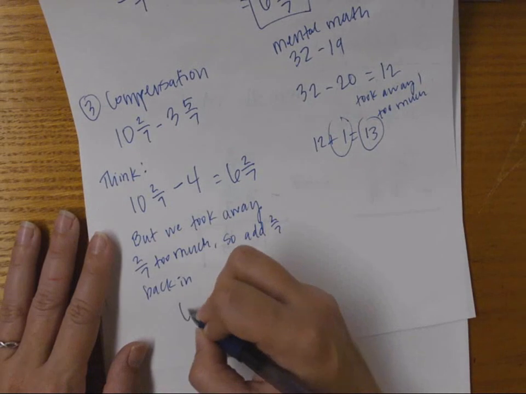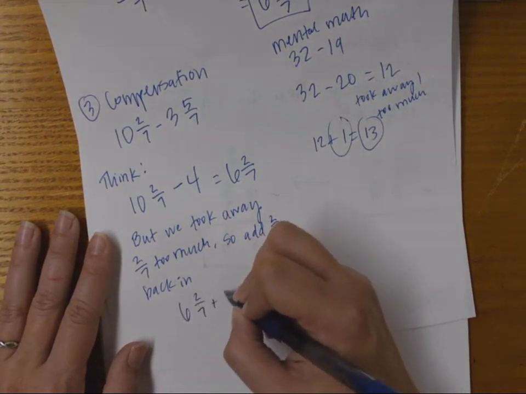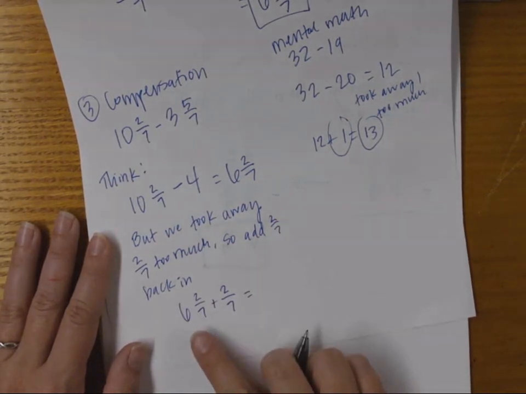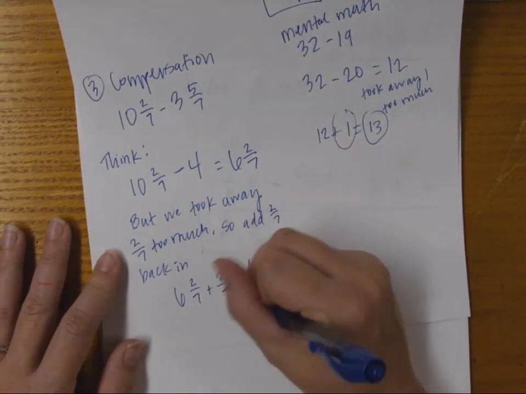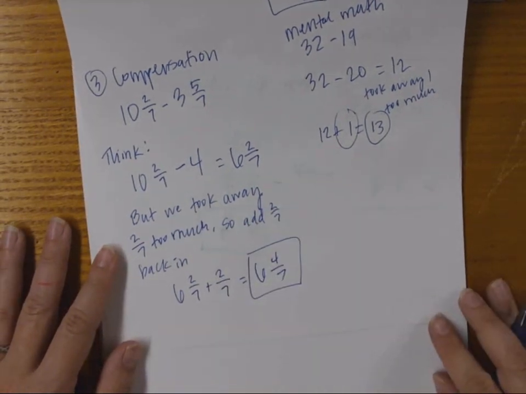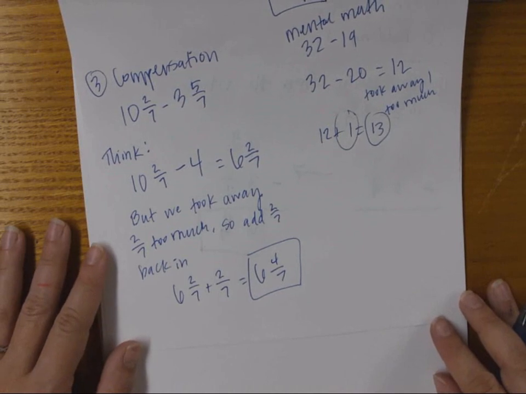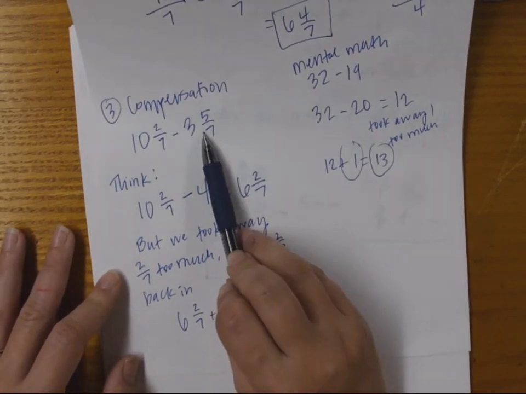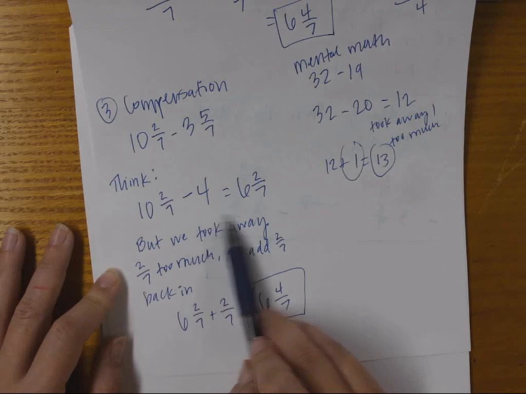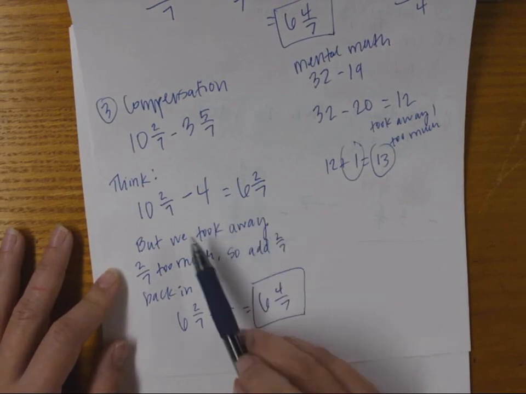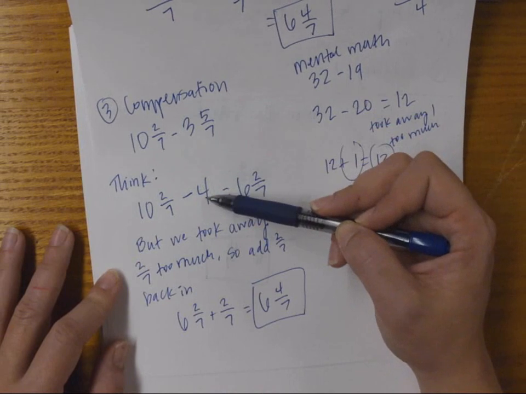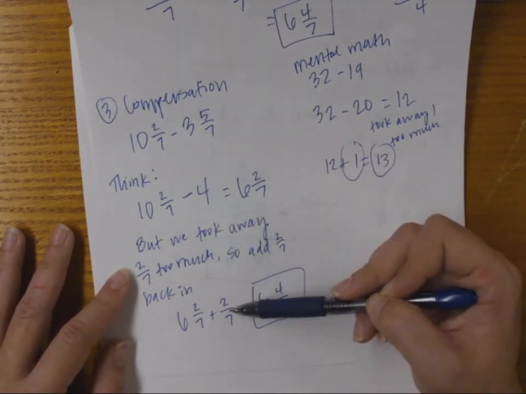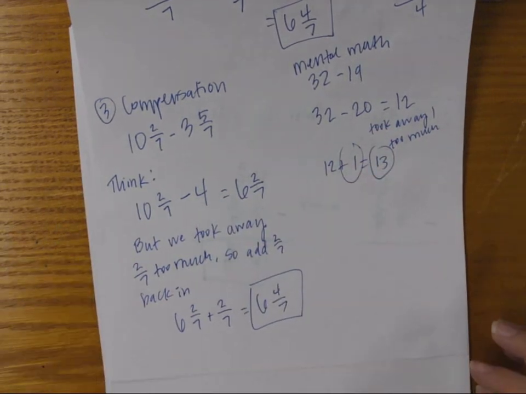So my 6 and 2/7, I need to add 2/7 back in. And 6 and 2/7 plus 2/7 would be 6 and 4/7, which is the correct answer. So again, the process: taking away 3 and 5/7, I rounded that up to 4, got an answer, figured out I took away 4 instead of 3 and 5/7, so that was 2/7 too much, so you add that number back in to get your final answer.